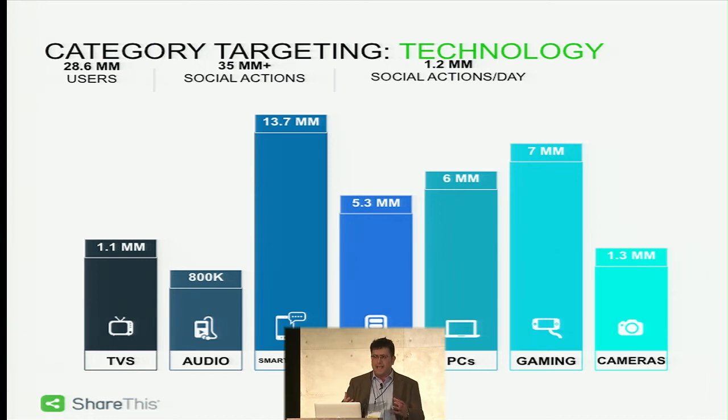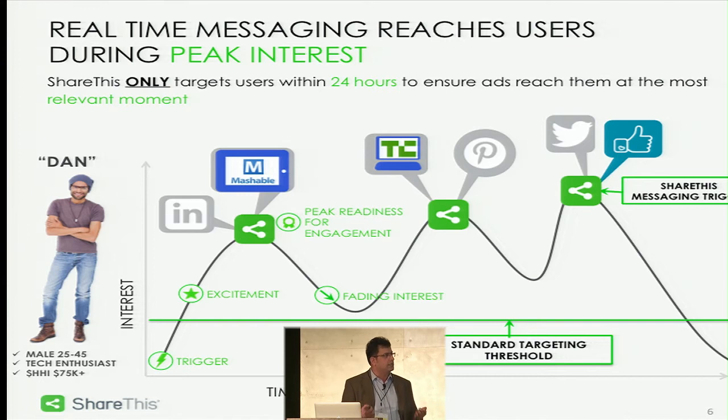On top of that, how we do the advertising is real-time messaging. We reach users during their peak interest. Let's say that Dan is a tech enthusiast. ShareThis knows that he's interested, and if there's something coming up, there is an excitement point, say people talking about the iPhone 6.